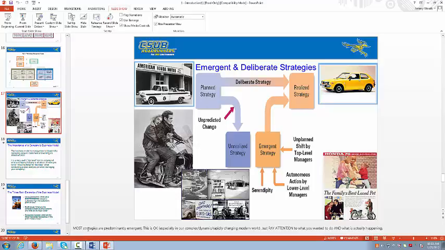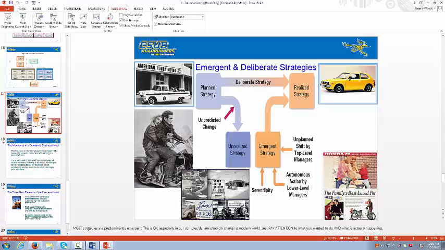Most strategies have some kind of unpredicted change that comes up as you're going through the process of reviewing your vision, mission, goals, deciding what the arenas and differentiators and vehicles and staging are, making sure you know what your economic logic is. Then you do all your analysis of the external and internal environments.